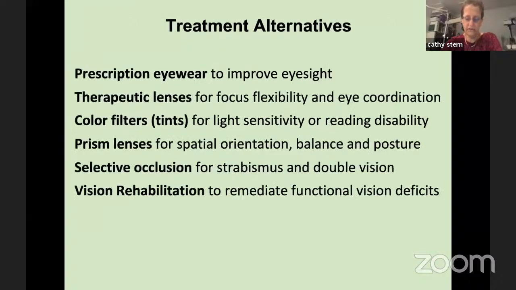So what are the kinds of things we can do for treatment? Well, we certainly can do prescription eyewear to improve sight. And I do think there is great value in a good refraction. I can't tell you how often I have been able to help patients by doing a very careful, very controlled refraction and looking at both distance and near.